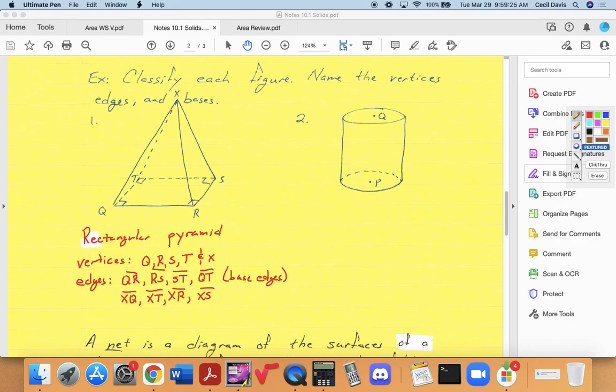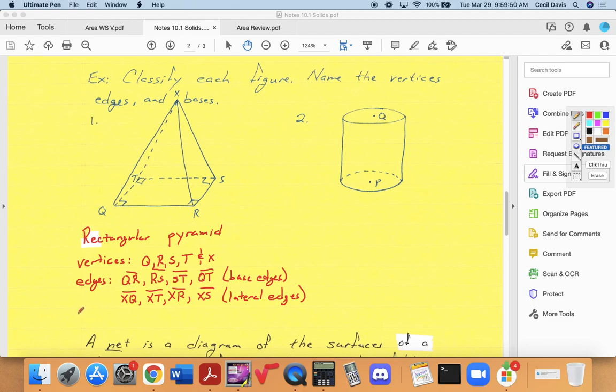Because these are on the sides of the pyramid, these are called lateral edges. Lateral means sideways or to the side. So we've got base edges around the bottom and lateral edges on the sides.